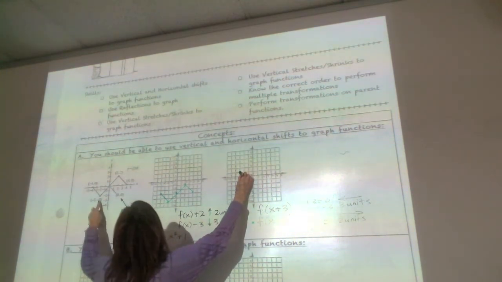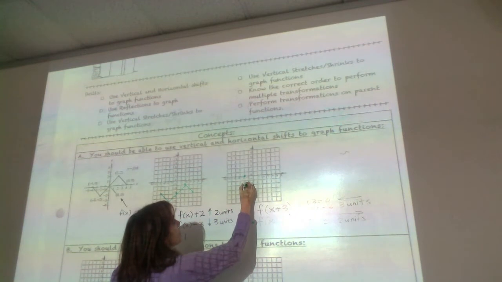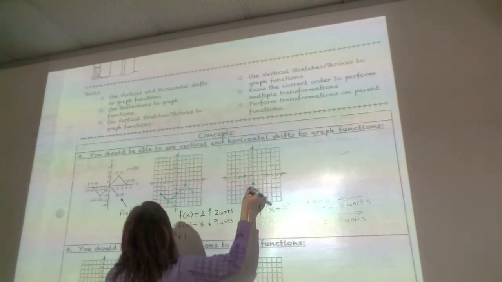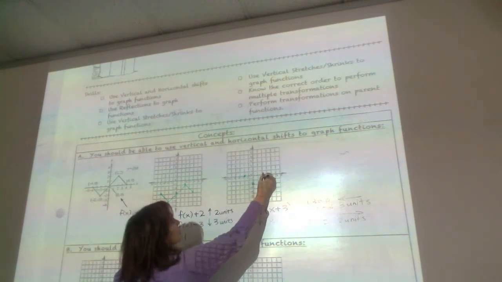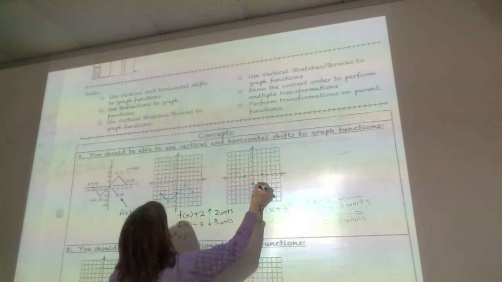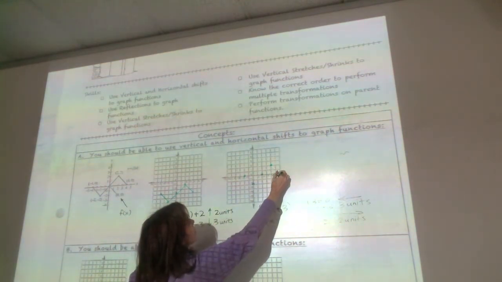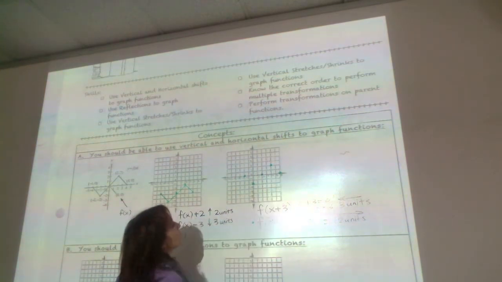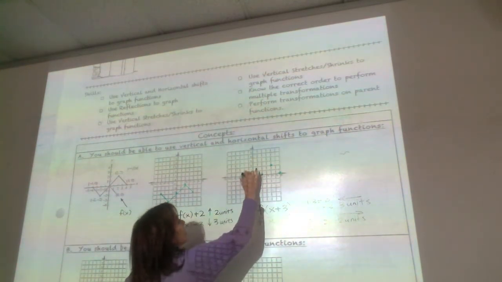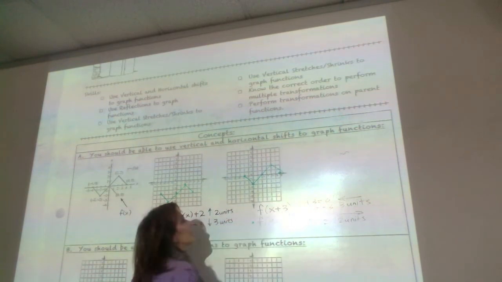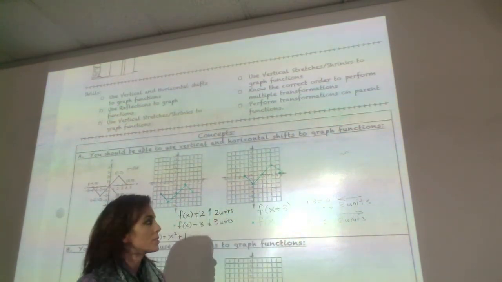There's that. Negative 2, 2 is going 2 units to the right. 0, 0 is going 2 units to the right. 2, 2 is going 2 units to the right, and our last one, 4, 0 is going 2 units to the right, and then I just connect my dots, I'm good to go.